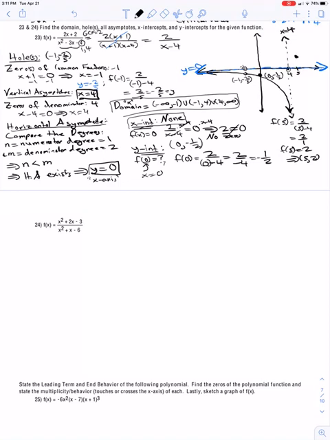So I can plot this point, (5, 2), and now I can sketch the right side of our graph. It flattens out horizontally at the x-axis and goes vertical at x equal to 4. And there's your sketch of that rational function. So you can see how I use my asymptotes, my intercepts, and my holes, which this one had, to build the sketch of this graph. All right, let's move on.